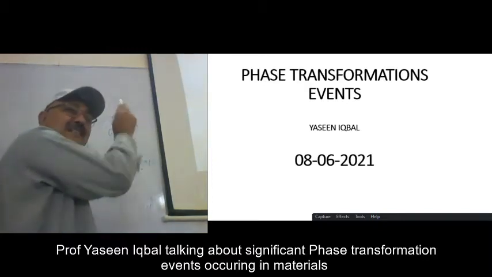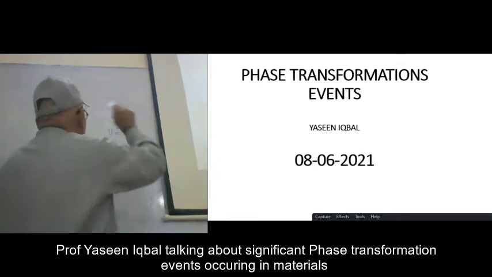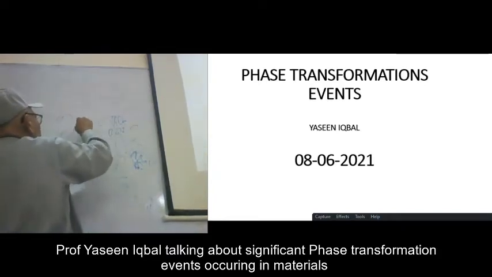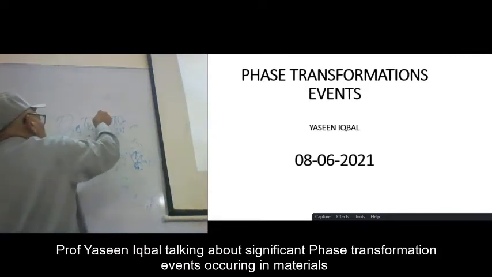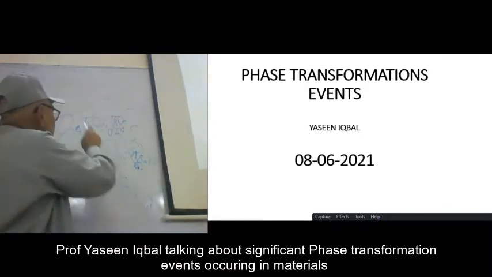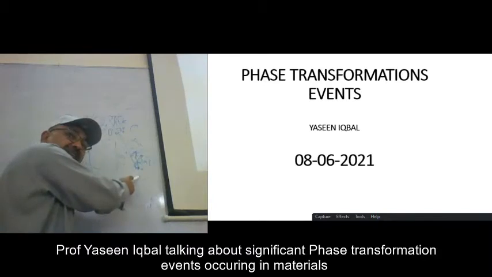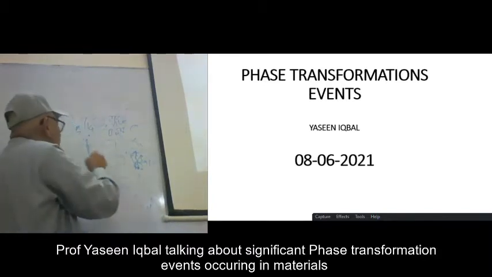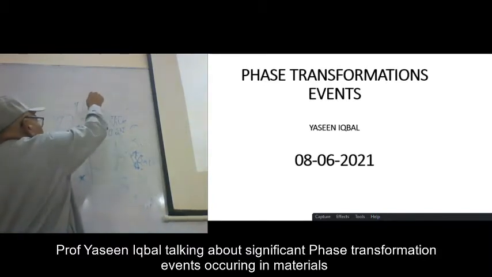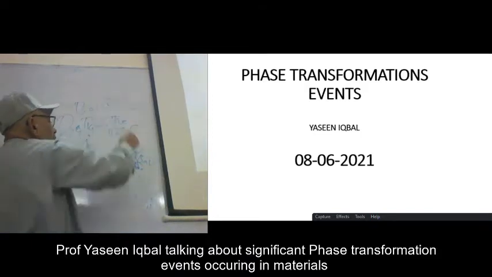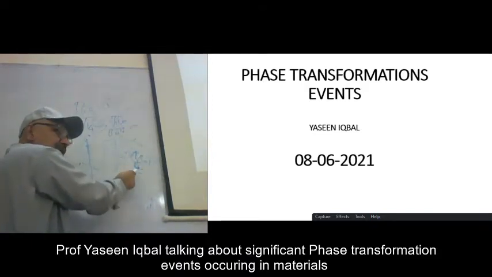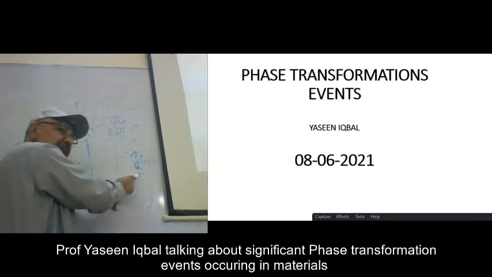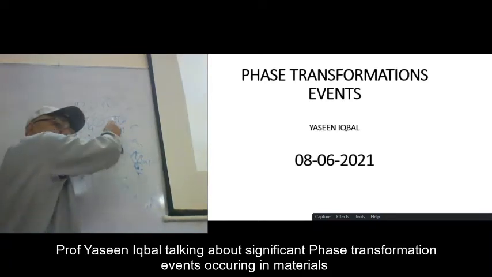So if this phase is Ba2Ti, say 4 or something, then this phase will preferentially form. And this phase BaTiO3 will form when this unit finds the kinetic freedom to reach this point.